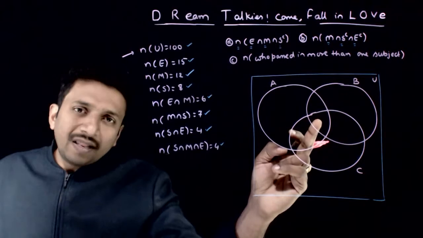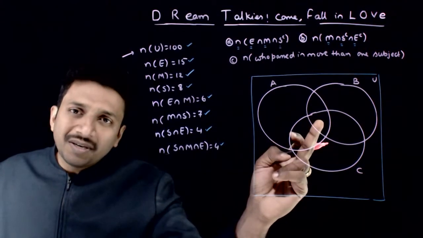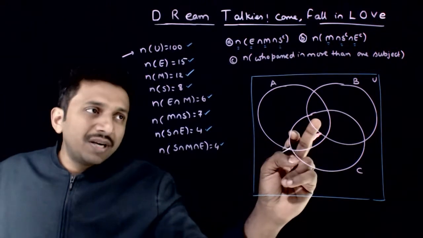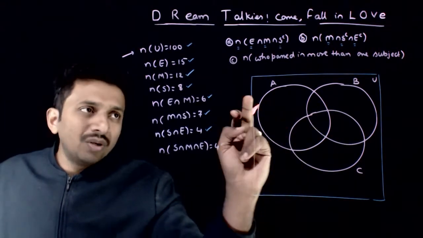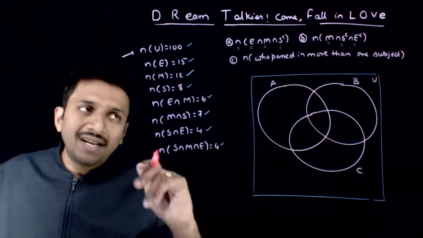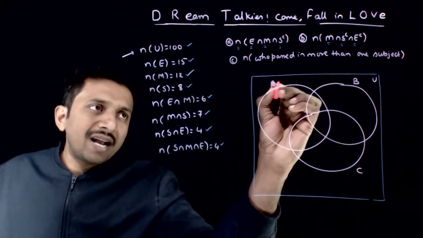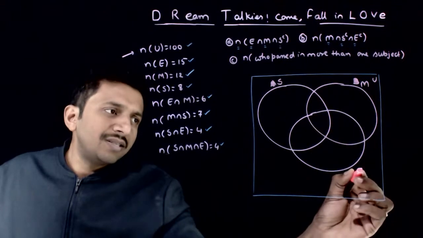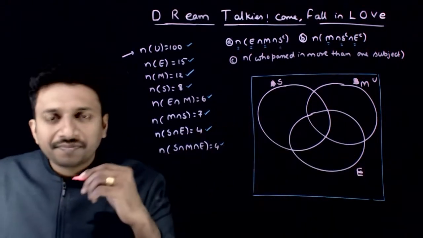So first let us fill the number of students that fall in this area. How many students have passed in science, maths and English? Let us denote this by science, this by maths, this by English.